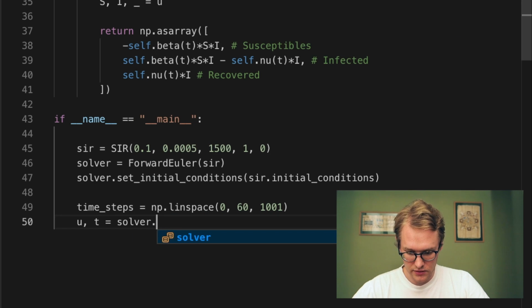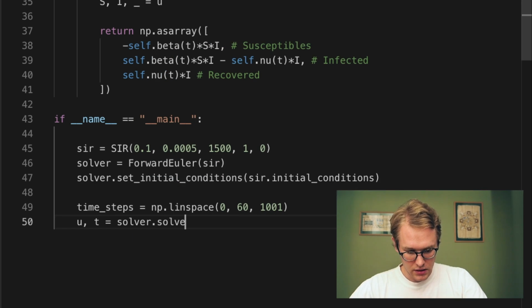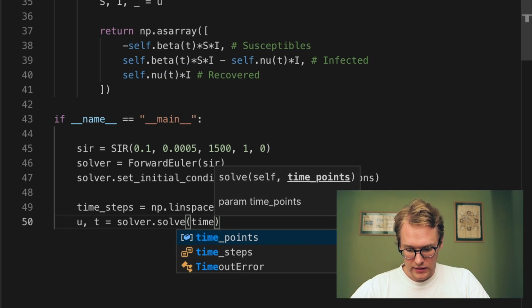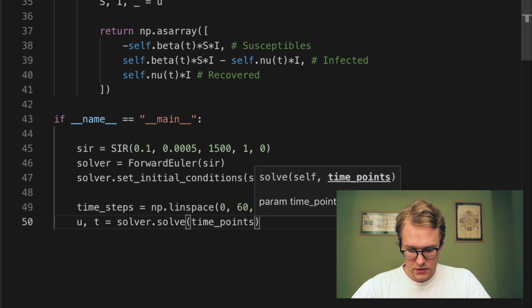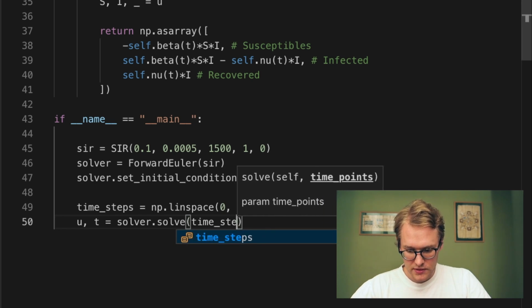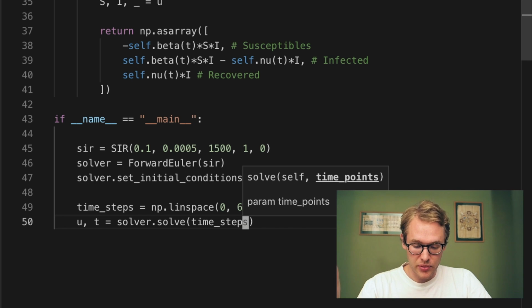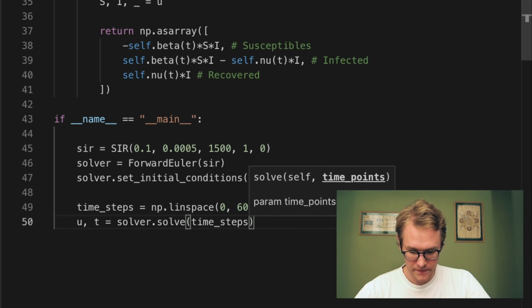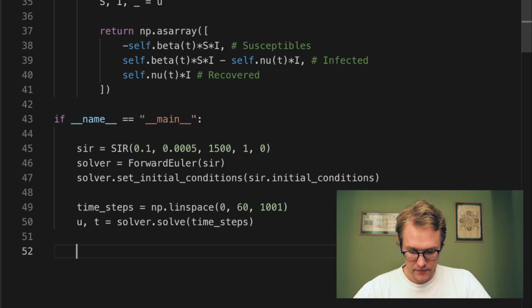So the solver.solve, all the time steps. Yeah, I wrote both steps and points. Yeah, whatever, it's fine, works. Okay, what I want to do is just try to run it and see if it works.